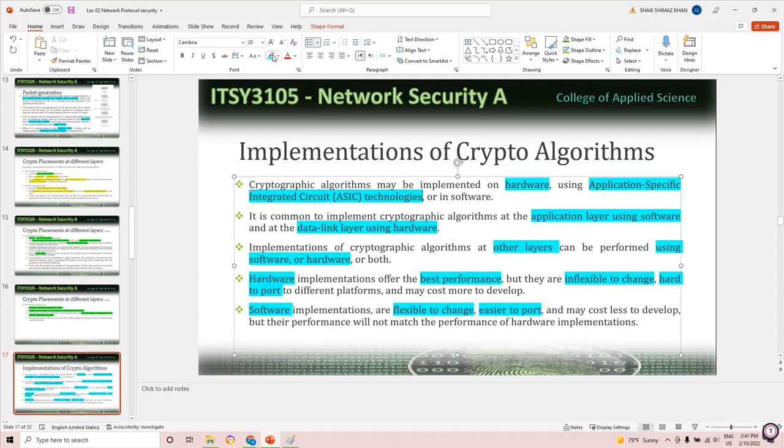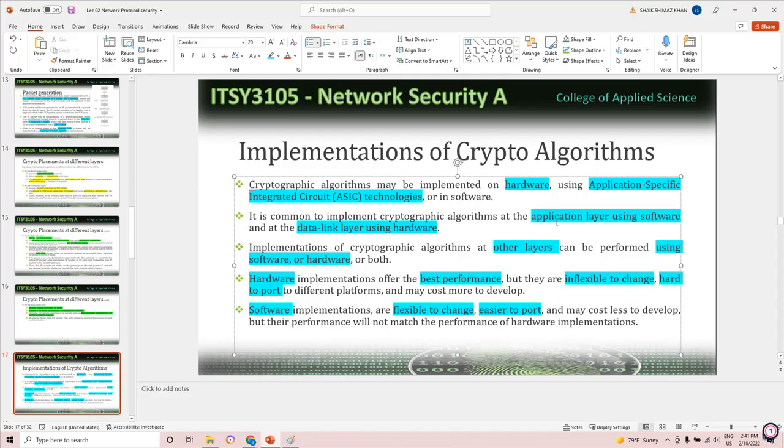These mechanisms can be supported by hardware level embedded programs. And also it can be implemented using software. So it is common to implement cryptographic algorithms at the application layer.